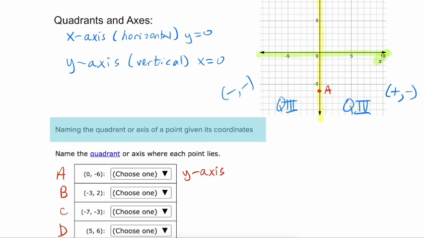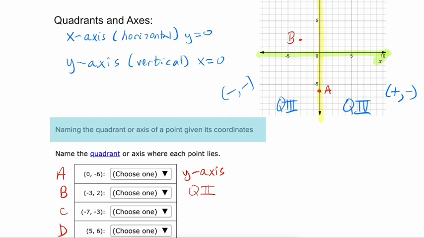Now let's go to B, (-3, 2). So we're going to go 3 to the left and 2 up. And you can see this time we have landed in quadrant 2. As you can tell, our x was negative, our y is positive, just as we predicted. Let's go on to C, (-7, -3).